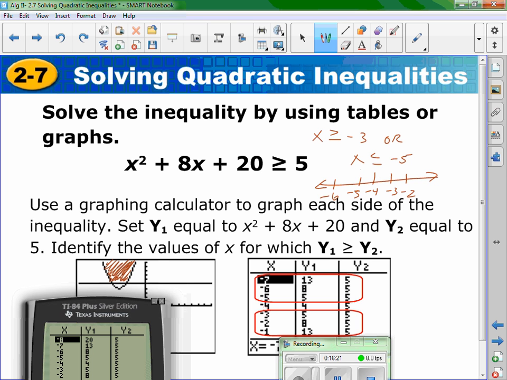At negative 5, it does work. Negative 6, it does work. Negative 7, it keeps going on this way. At negative 3, it works. Negative 2, it works. Negative 1, and so on. Everything this way works. Or statements go opposite directions. When you look at a graph, an or statement is going to cut off the vertex.